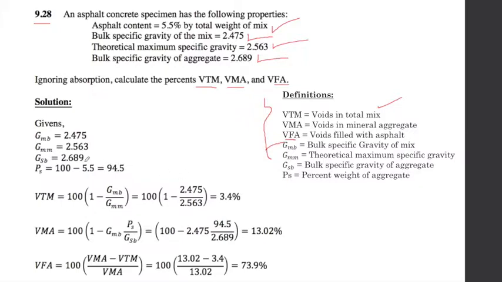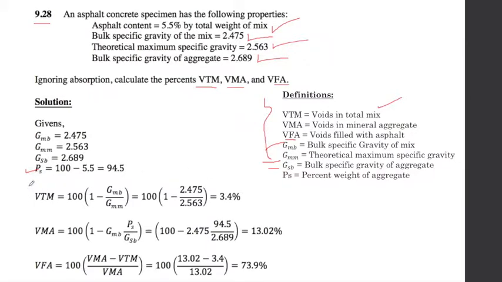We were also given GMM, which is the theoretical maximum specific gravity, and GSB, which is the bulk specific gravity of aggregate, which equals 2.689. We will also find PS, where PS is the percent weight of the aggregate.